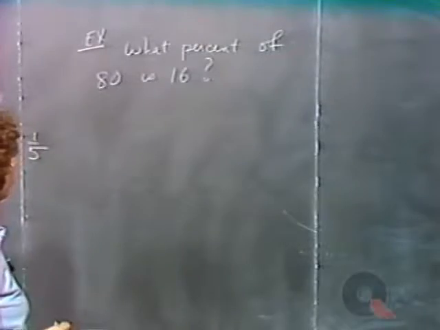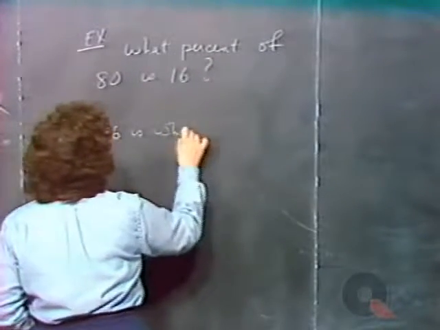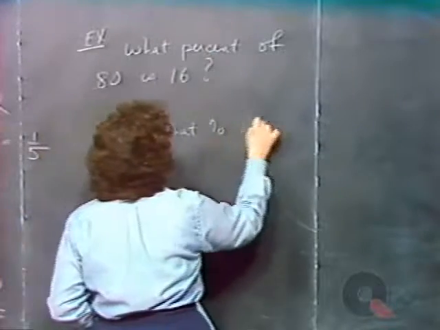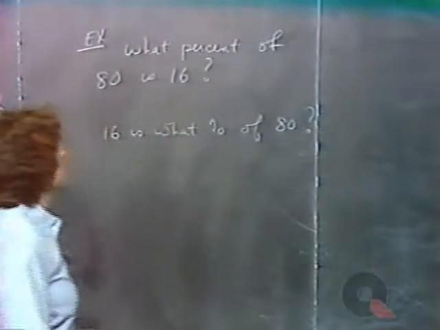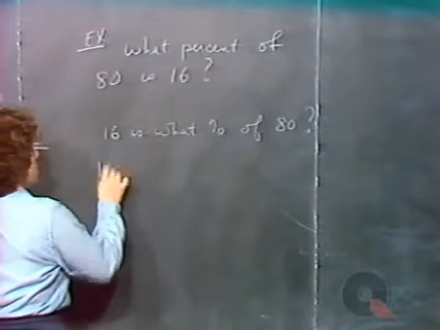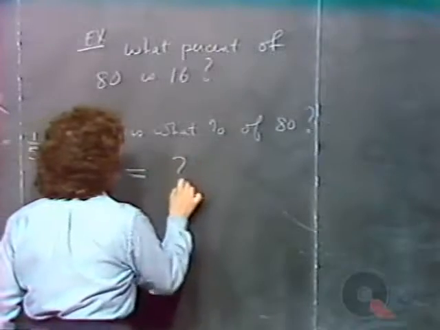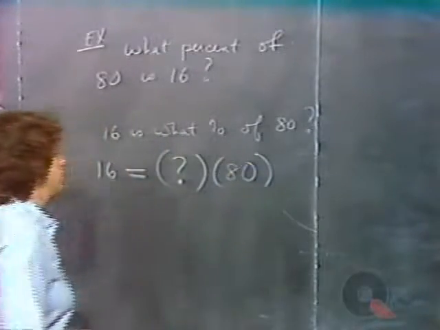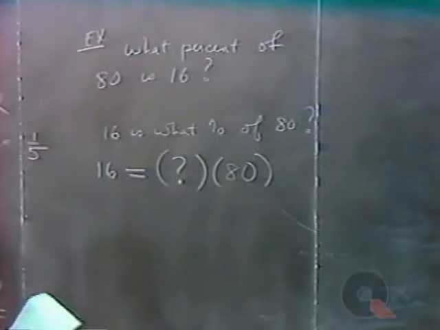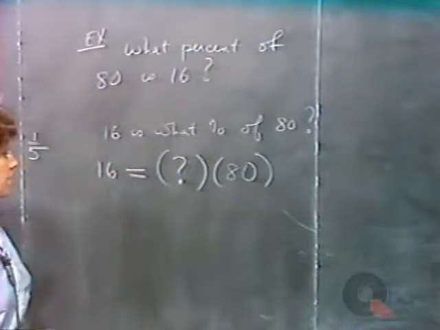This can be rewritten as 16 is what percent of 80? 16 is, or equals, what percent of 80? Okay, what do you have to multiply by 80 to get the 16?